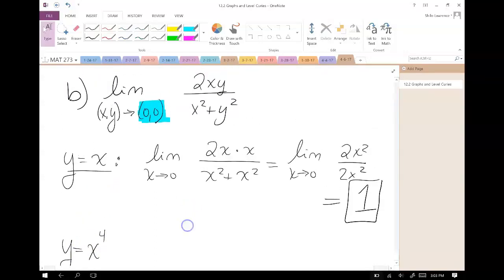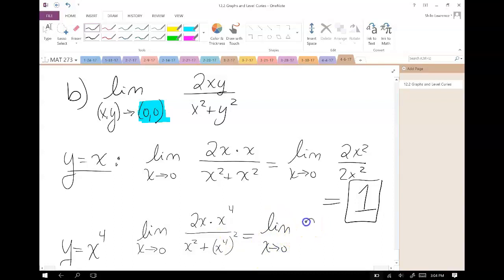So I'm going to go back to my original. Let's see what happens. So 2x times x to the fourth over x squared plus x to the fourth, squared. So that's 2x to the fifth over x squared plus x to the eighth.